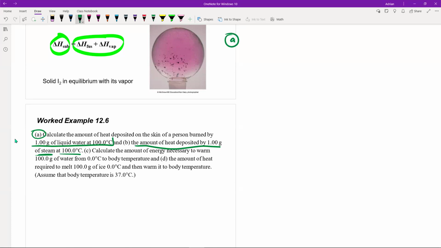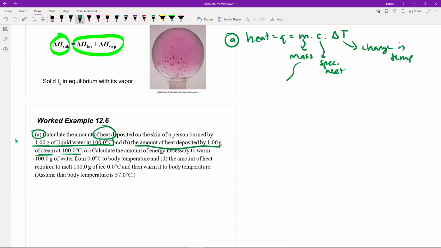Right, so what we need here says to calculate the amount of heat. Right, so heat with a Q, we know the heat equation. Q is equal to m times c times delta T. So m here is the mass, c is going to be the specific heat, and then delta T is going to be the change in temperature.